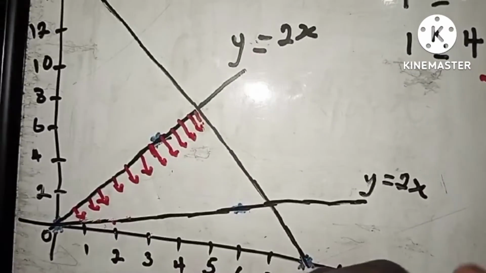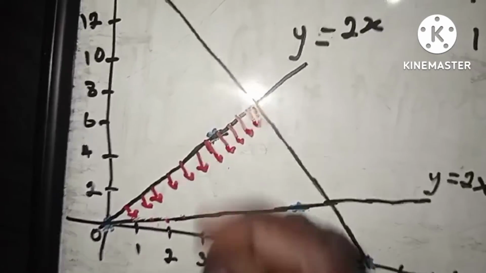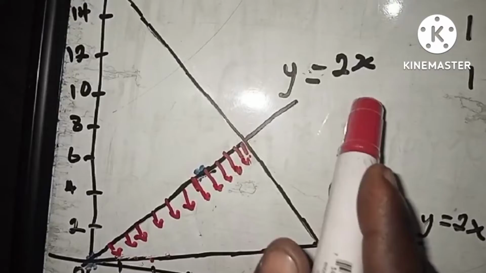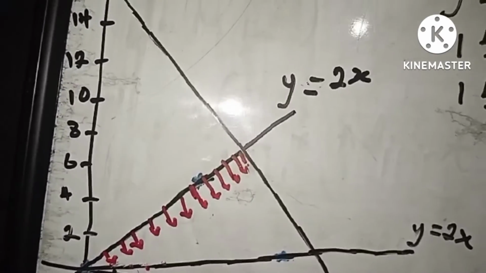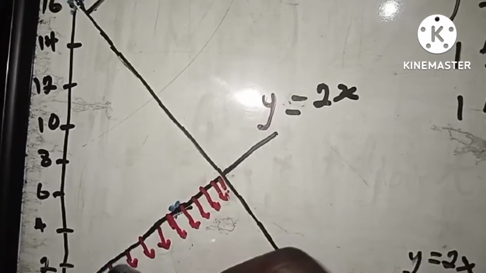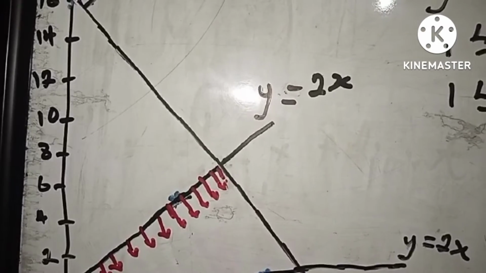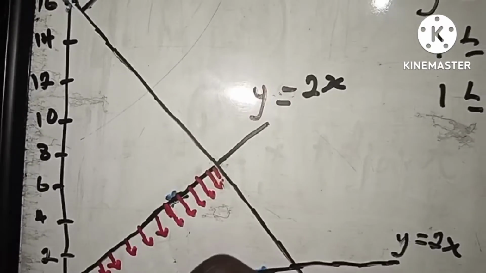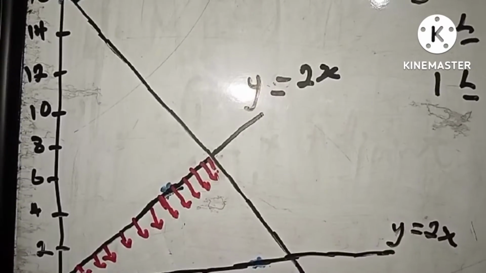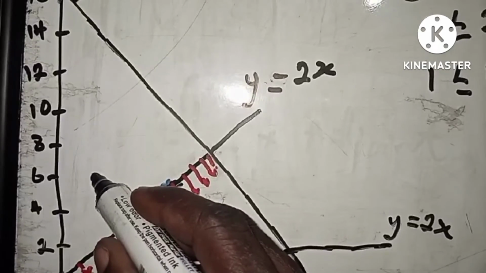You can see that if you pick any point outside or on top of this line, it won't satisfy the inequality. So let's just check that. Let's pick a point like 1, 6. If I want to plot the point 1, 6, it will be somewhere here.